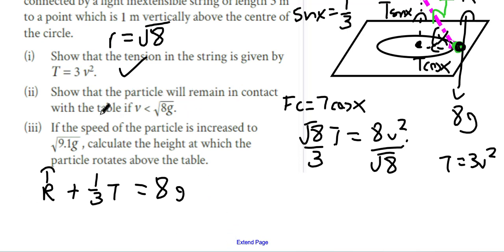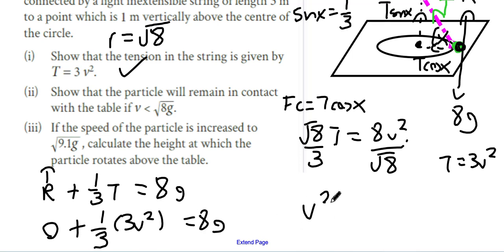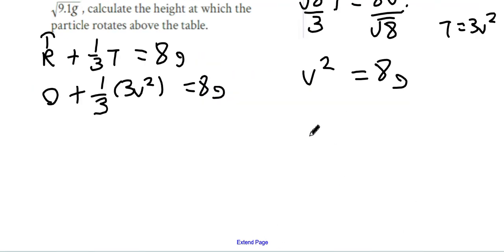It will remain in contact with the table if the velocity is less than root 8g. Remember I said the faster the velocity, the more likely it is to leave the table. So I'm going to put the R value to 0. I'm going to do 1/3 of 3v squared, and then v squared equals 8g. So at the point where it goes to leave the table, v equals root 8g.